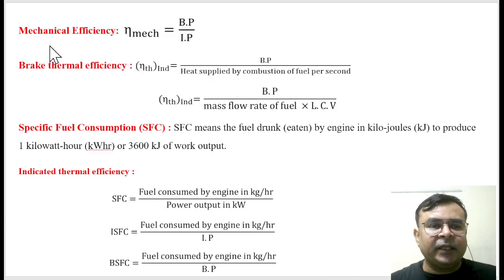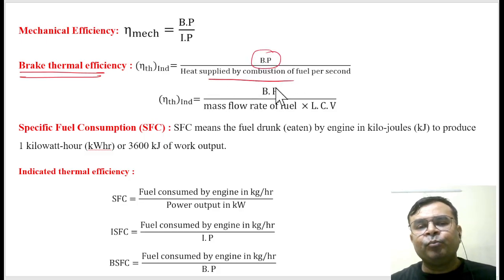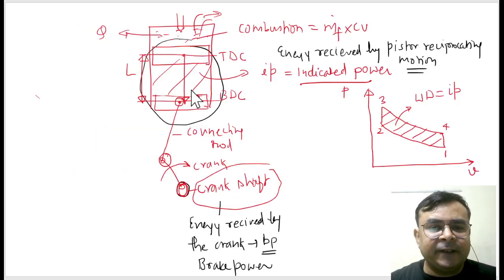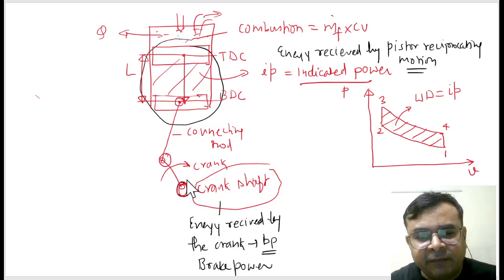And next you can see brake thermal efficiency. First you see brake thermal efficiency and then mechanical efficiency. So brake thermal efficiency is nothing but brake power divided by the amount of energy produced. Is it right? Here you generate energy and here you receive energy.